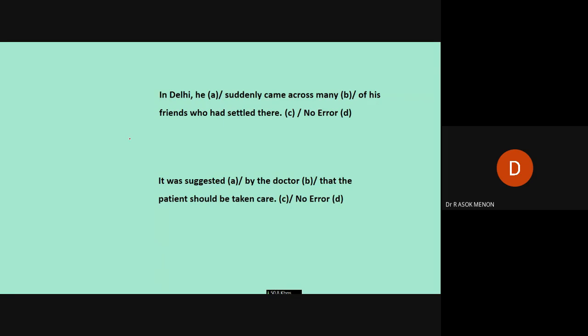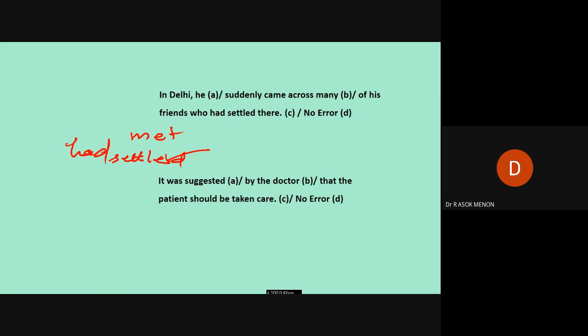Met is the simple past form. Then settled is the second action. Which occurred first, meeting or settling? Settling happened first, so it should be said as "had settled". So when we mention two past actions in a complex sentence, the first occurred action should be mentioned in the past perfect.